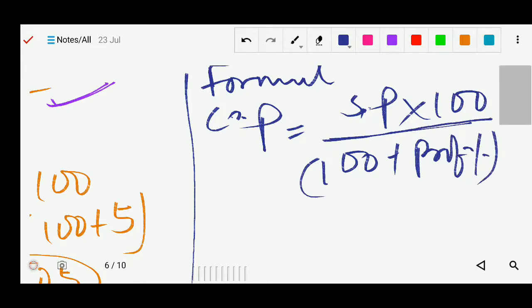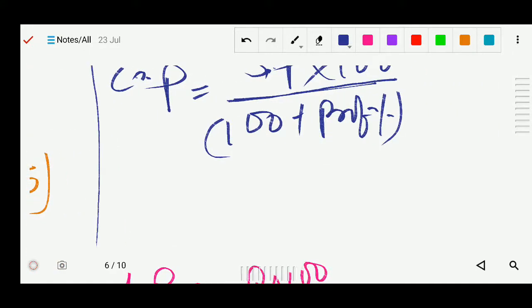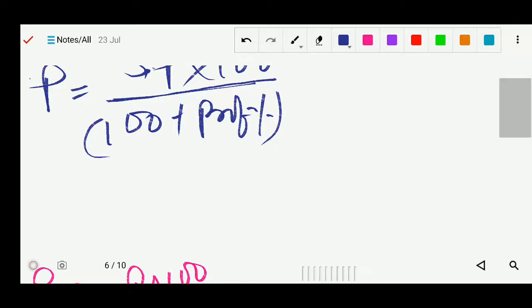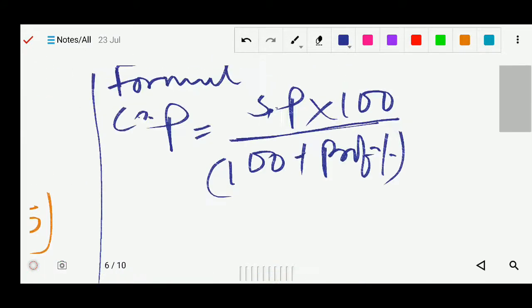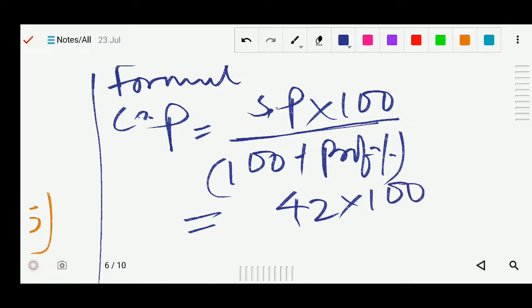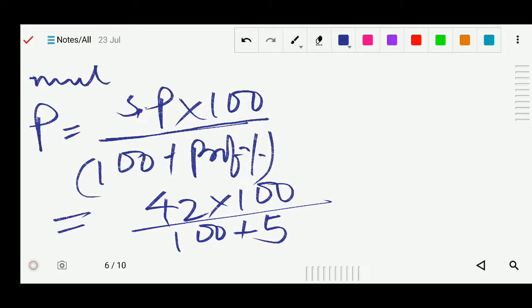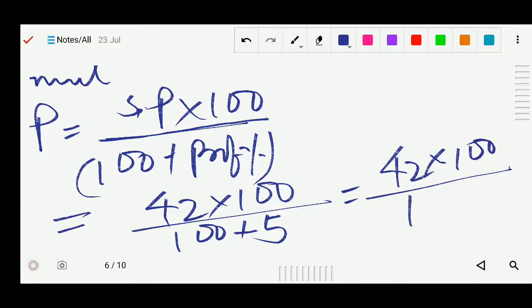Now see here: selling price was given, the value 42, into 100, and 100 plus the profit, which was 5%, so right here 5. So it is 42 into 100 and 100 plus 5, 105.